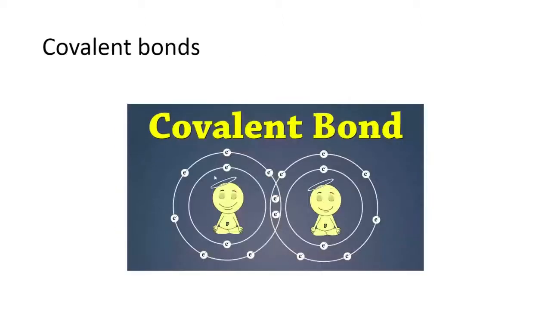So now we're going to talk about the different types of bonds. So we have covalent bonds, which are between 2 different nonmetals, or the same nonmetal bonded to itself. An example of this is fluorine. So we see that 2 fluorines are covalently bonded to each other, and covalent bonds are where electrons are being shared.